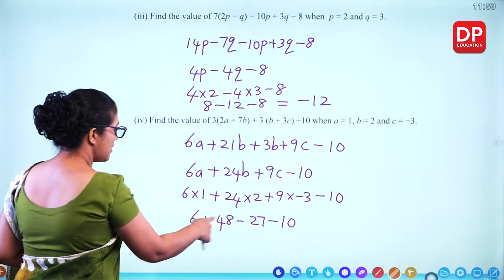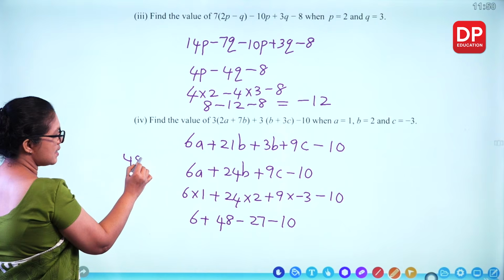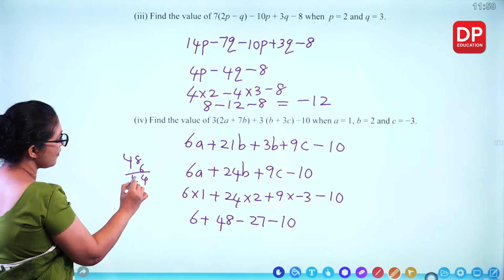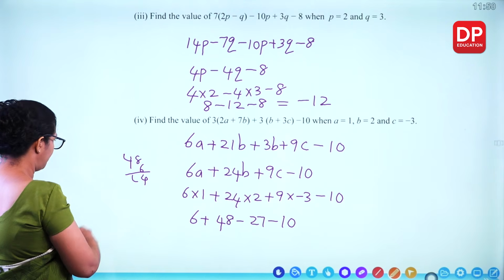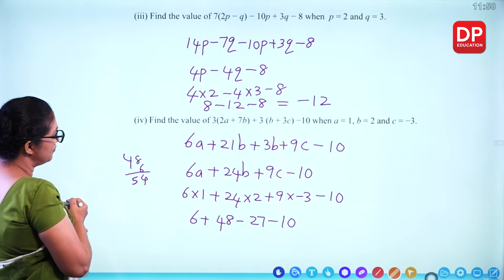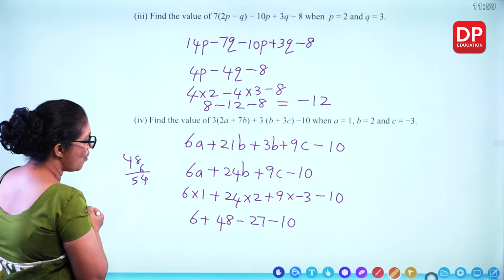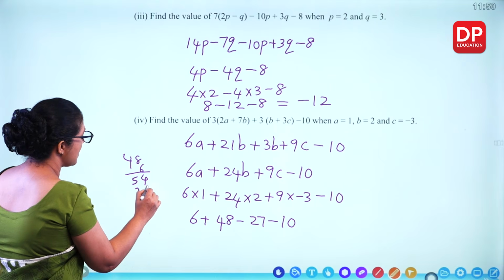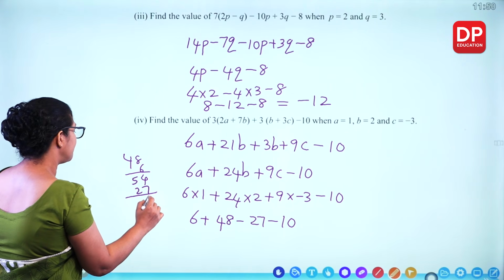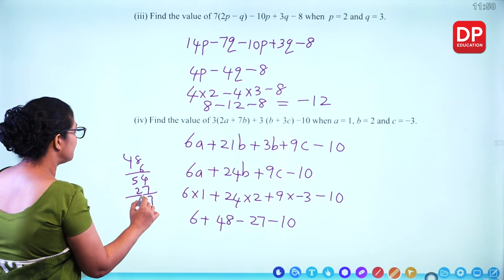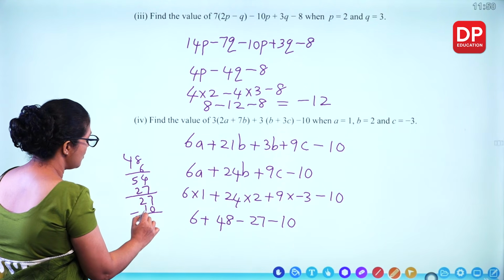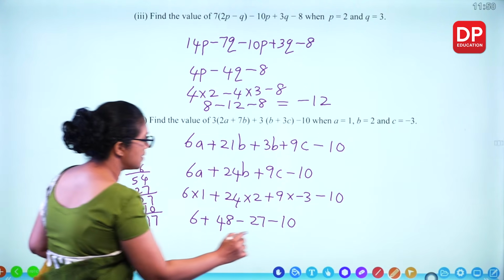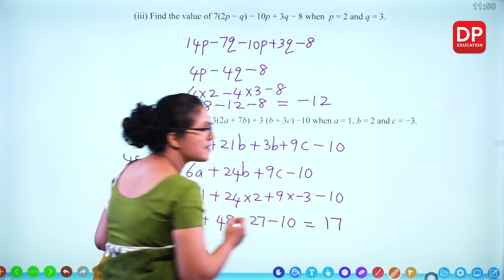Add 48, 6, 54. 54 minus 27, 27. 27 minus 10, you get 17. The answer is 17.